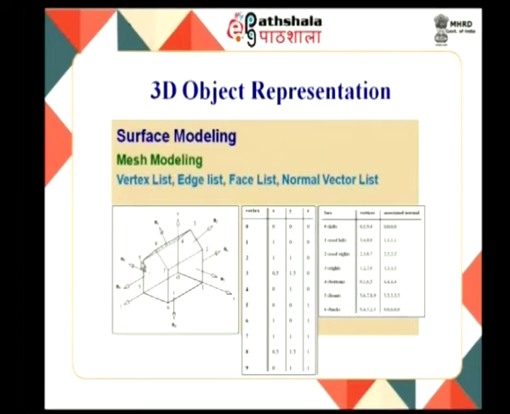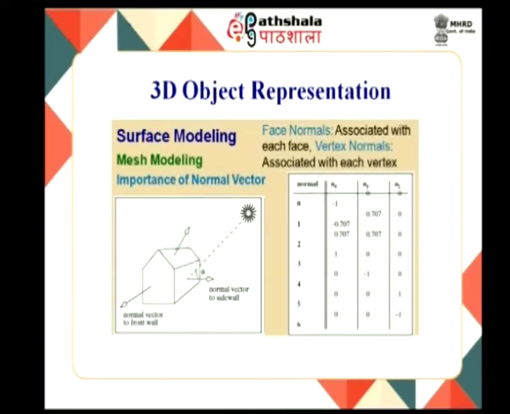You might also see n1, n2, n3, n4, n5, n6, and so on. They are actually the normal vectors. A normal vector is a direction which is perpendicular to the polygonal face. So it is important that we also maintain a normal vector list, for one reason, as you can see in this slide. Along with the geometric information like the face list, vertex list and edge list, we also maintain the normal vector list.